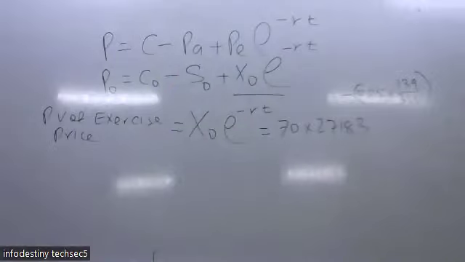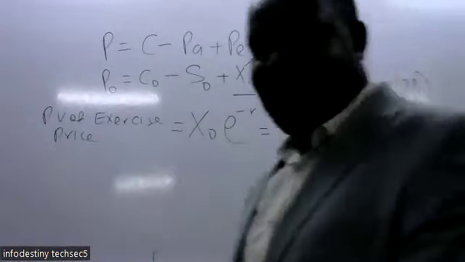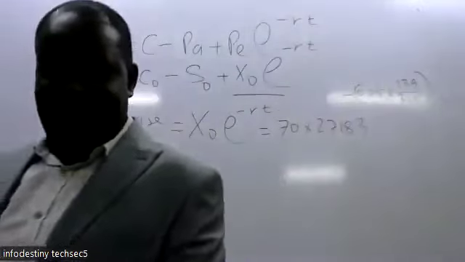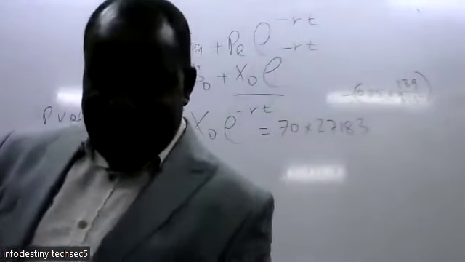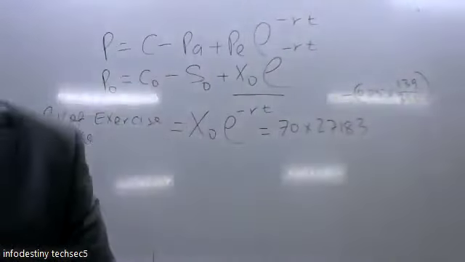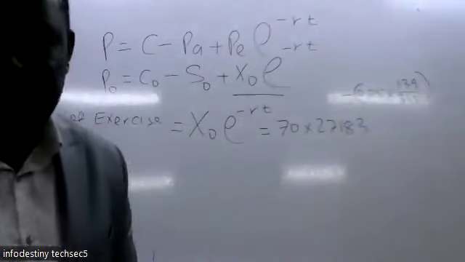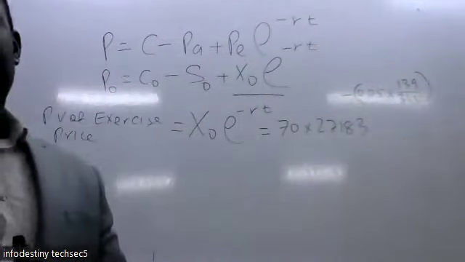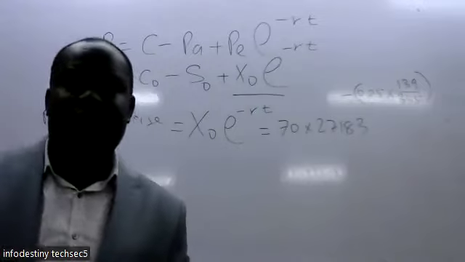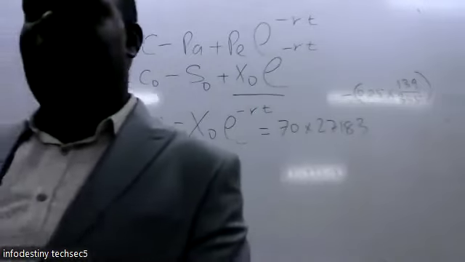When you round off to 2 decimal places, I've seen 68.68. So you round it off to 2 decimal places because all other variables given in the question are in 2 decimal places.